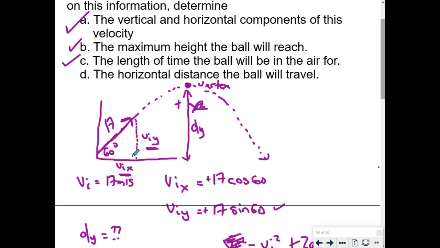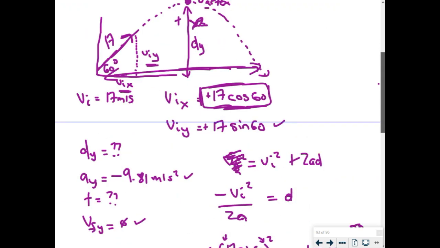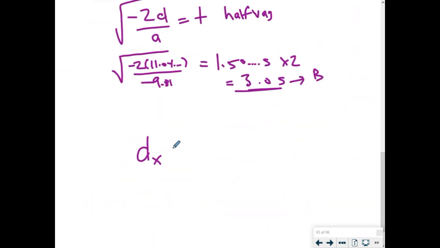The horizontal distance the ball is going to travel, that wants to know how far it is here. Well, to know that, we need to know the velocity it traveled and the time it traveled for, but we have those. I know the initial velocity in x. I haven't used it since step 1, but 17 cos 60 is how fast it was traveling in the x direction, and that hasn't changed. It's always traveling that direction. So to find dx, really the formula was Vx equals dx over t.